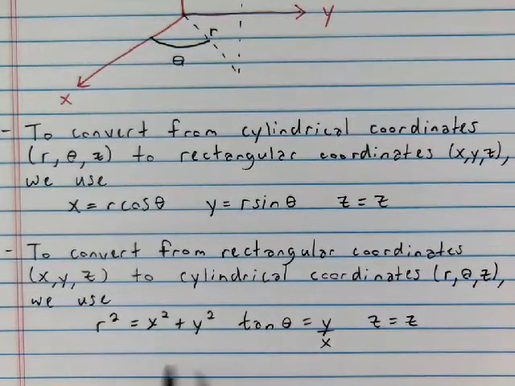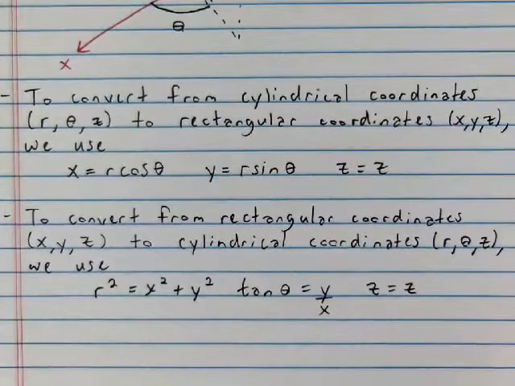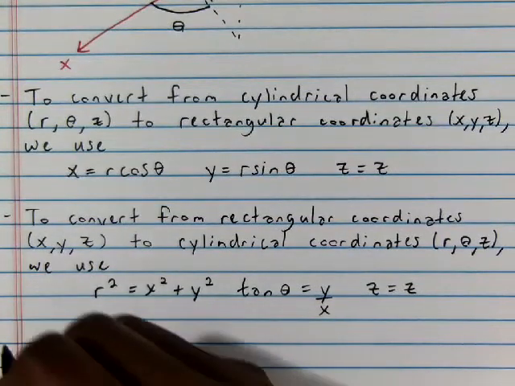So given your x and your y, put them in here to get your r squared, and then whatever you have to do, of course, either trigonometry or algebra. Same thing, put your y and x in here, get your theta, and your z is going to be the same thing.